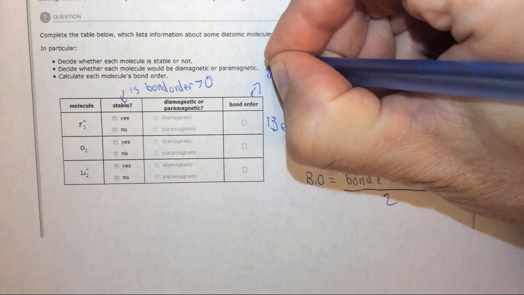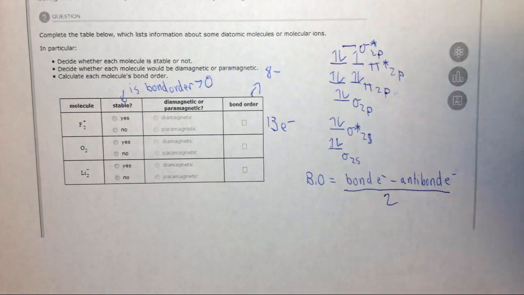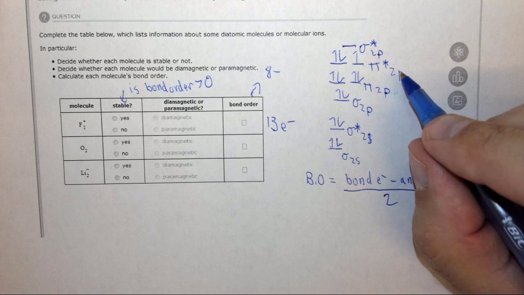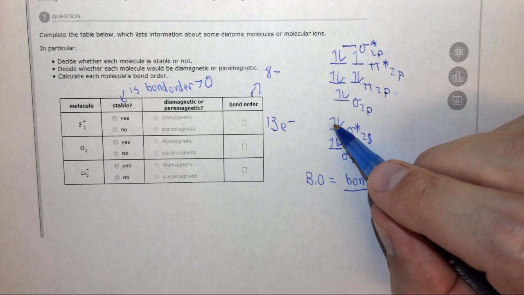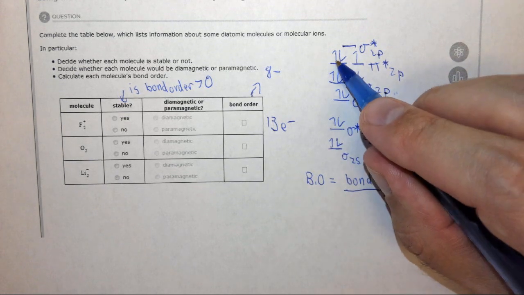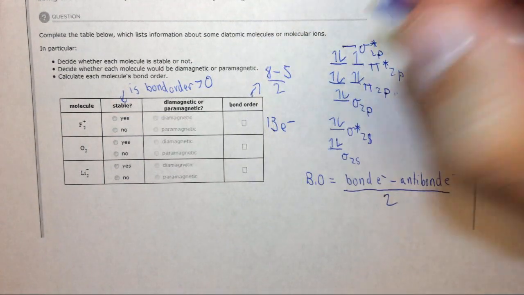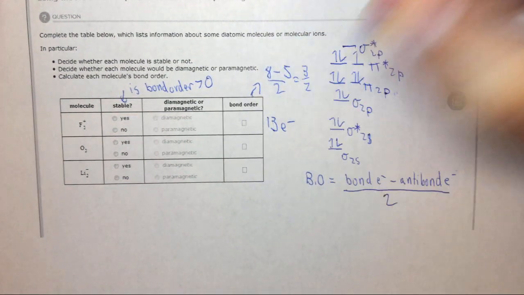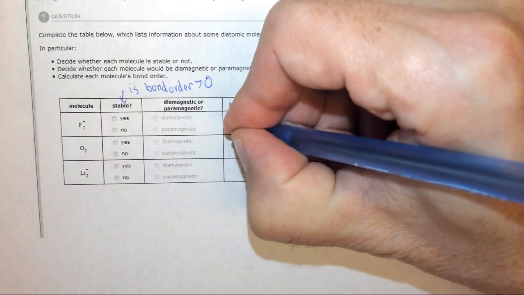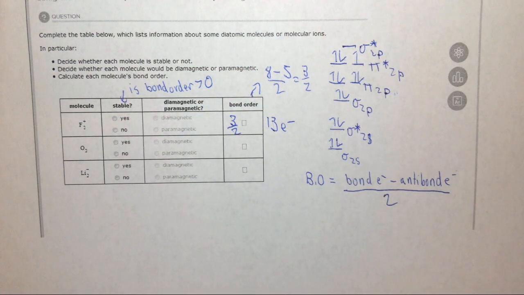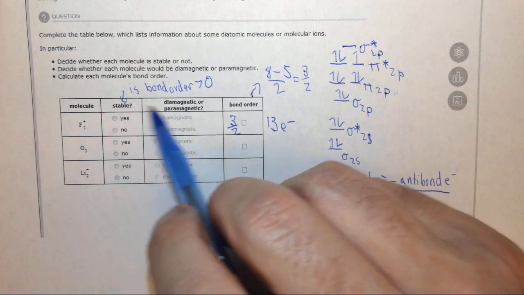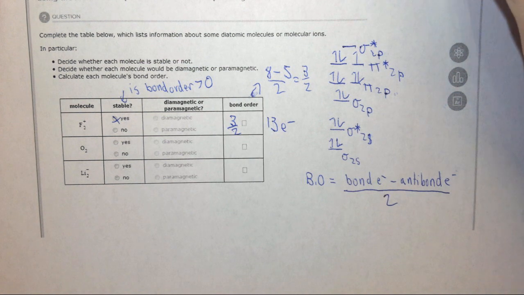So we have 8 bonding electrons minus, how many are in the starred orbitals or the antibonding orbitals? 1, 2, 3, 4, 5. And then divide by 2, and what you get is 3 over 2, or 1 1/2. So it's 3 halves. Again, not very stable, but the bond order is greater than 0, so we'll say yes.